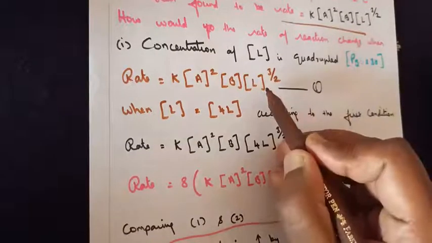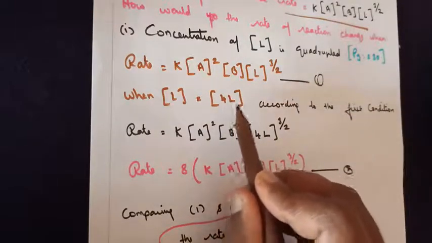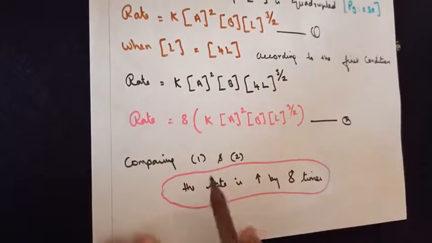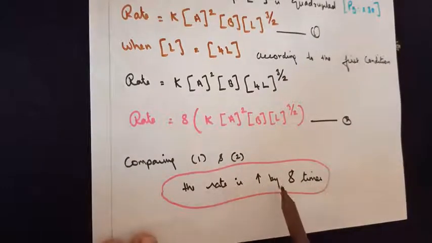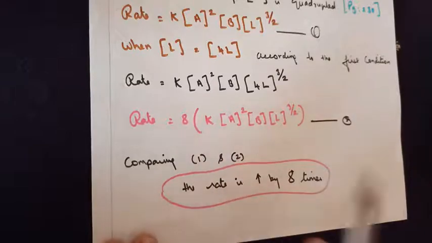So this is the first condition. The second condition after quadrupling L's term: comparing 1 and 2, the rate is increased by 8 times. That's the conclusion. Thus there are 2-3 other questions.